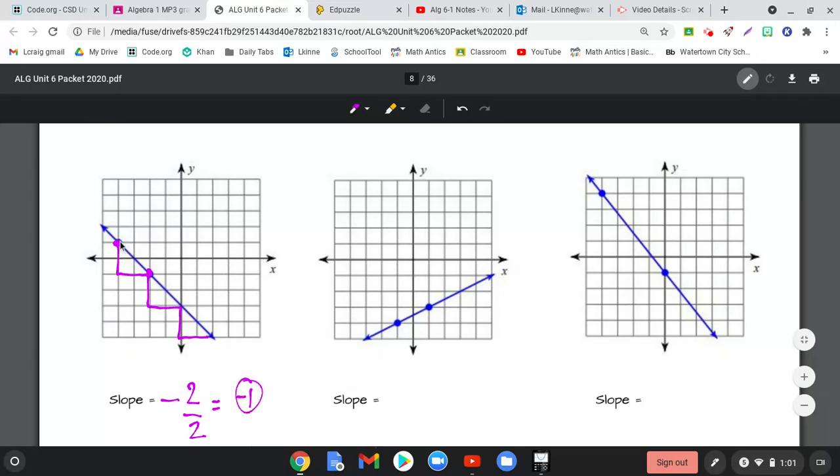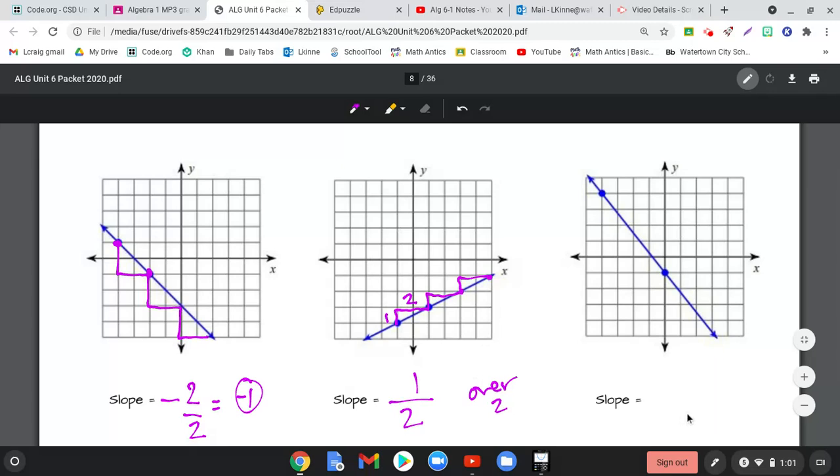And you would see if you go down 1 over 1, down 1 over 1, you'd be on the line as well. All right, next slope is going up, so that's positive. How far up? We're going up 1 over 2, up 1 over 2, up 1 over 2. So again, it's 1 over 2, so that over 2 goes on the bottom.